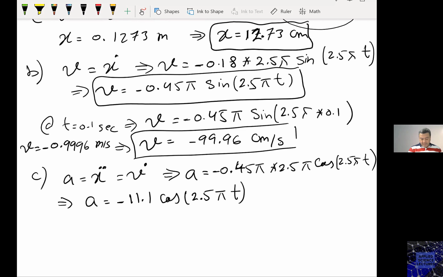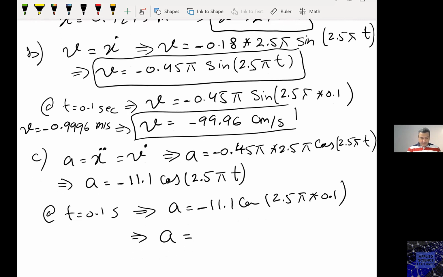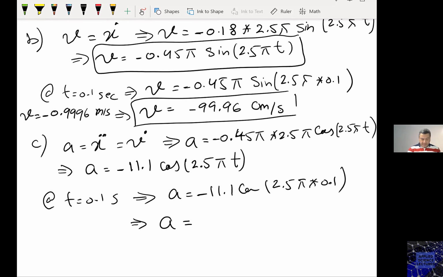Then at t equals 0.1 second, I have a as minus 11.1 cosine 2.5 pi times 0.1, which is minus 7.8 meters per second squared, or a is minus 7.8 times 10 to the power 2 meters per second squared.